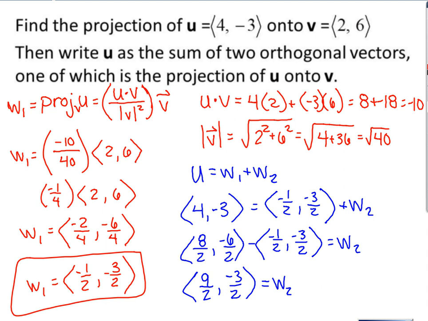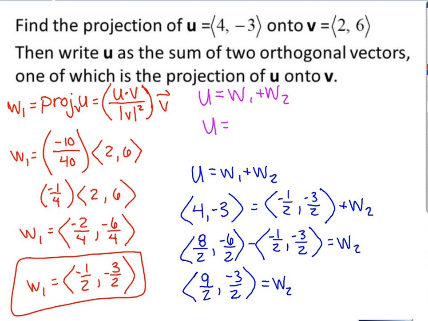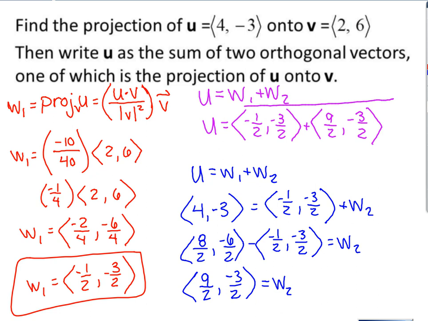So if we want to write this as a sum, we know vector u is the sum of vector w sub 1 plus w sub 2, which we can write as negative 1/2, negative 3/2, plus the vector 9 over 2 and negative 3 over 2. An easy way to check that is to add them back together: 9 plus negative 1 is 8, and 8 divided by 2 does give us the 4. Negative 3 plus negative 3 is negative 6, and negative 6 divided by 2 does give us our negative 3, so we did have the correct answer.